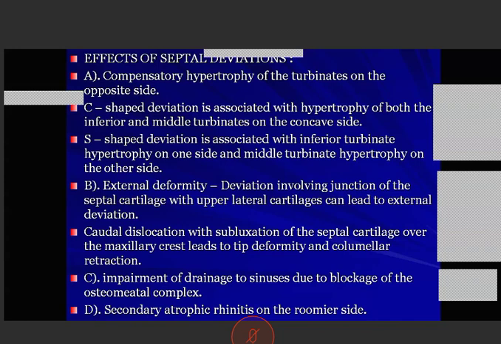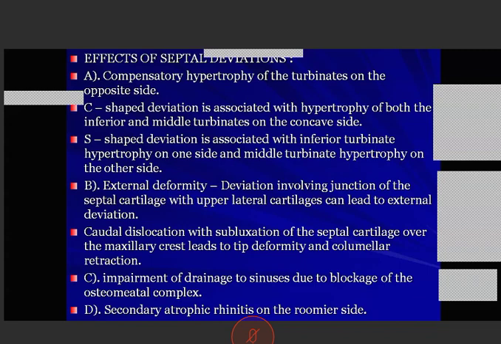So if the surface area of the mucosal lining is decreased due to roominess of the other side of the nasal cavity, you will have dry air, which leads to secondary atrophic rhinitis. Understood? Again, in the atrophic rhinitis chapter, you will get much more detail about this.